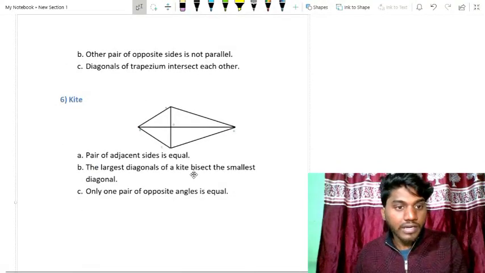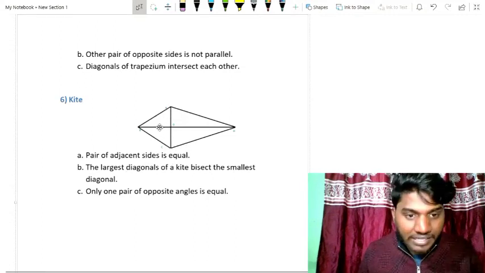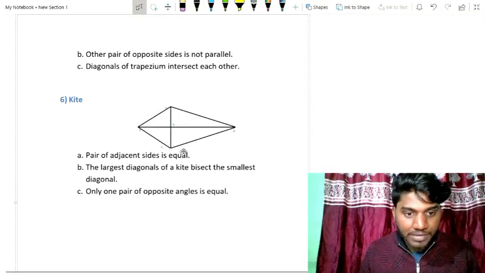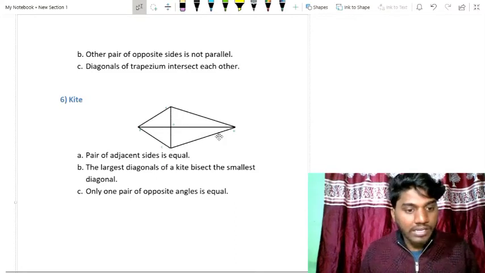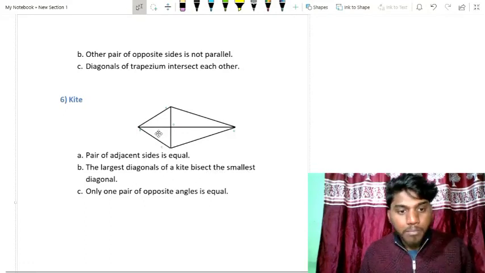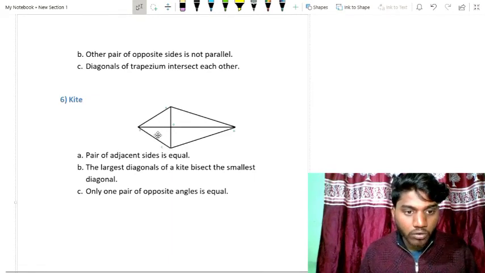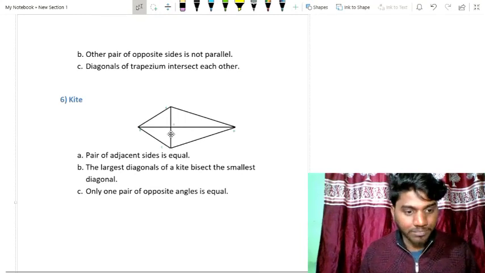Now come to the next, kite. One pair of adjacent sides is equal, which means here AB and BC are equal, or AD and CD are equal. The larger diagonal of a kite bisects the smaller diagonal, which means the smaller diagonal is AC and the bigger diagonal of the kite is BD. BD bisects AC, which means OA is equal to OC.